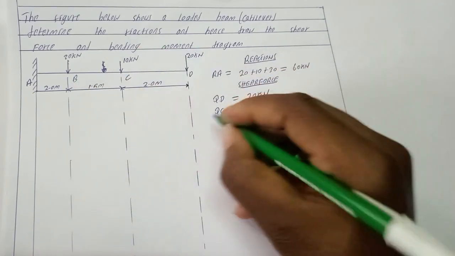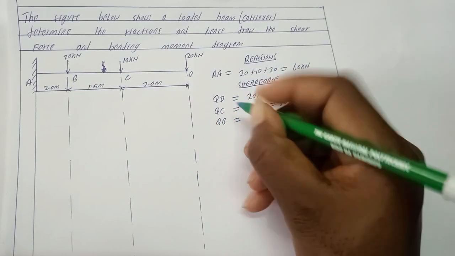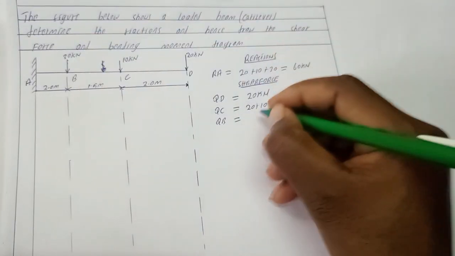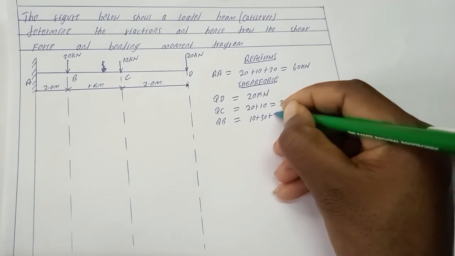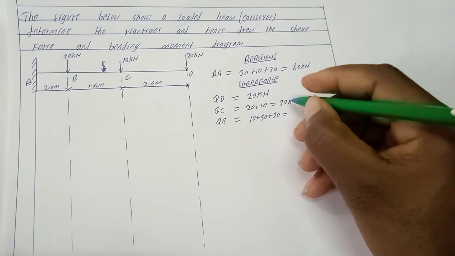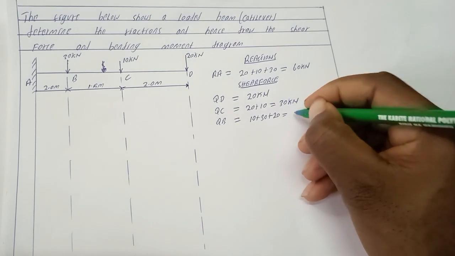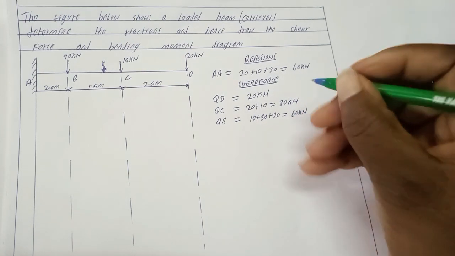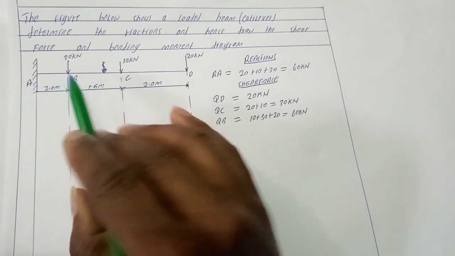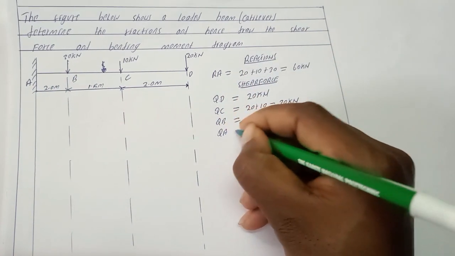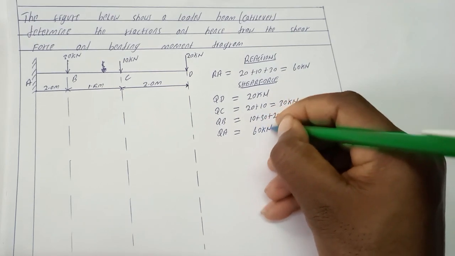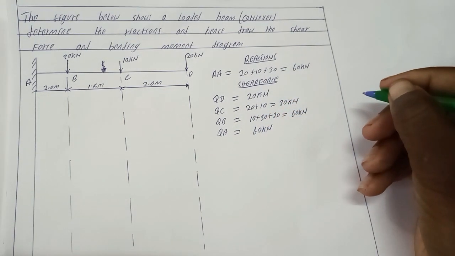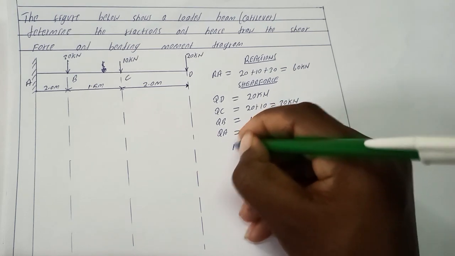Then we have Q at B, which will be given by 20 plus 10 plus 30, which will give us 60 kilonewton. So shear force at point A and B are the same. So Q at A will be the same, which is 60 kilonewton. With that, we can now go to bending moment.